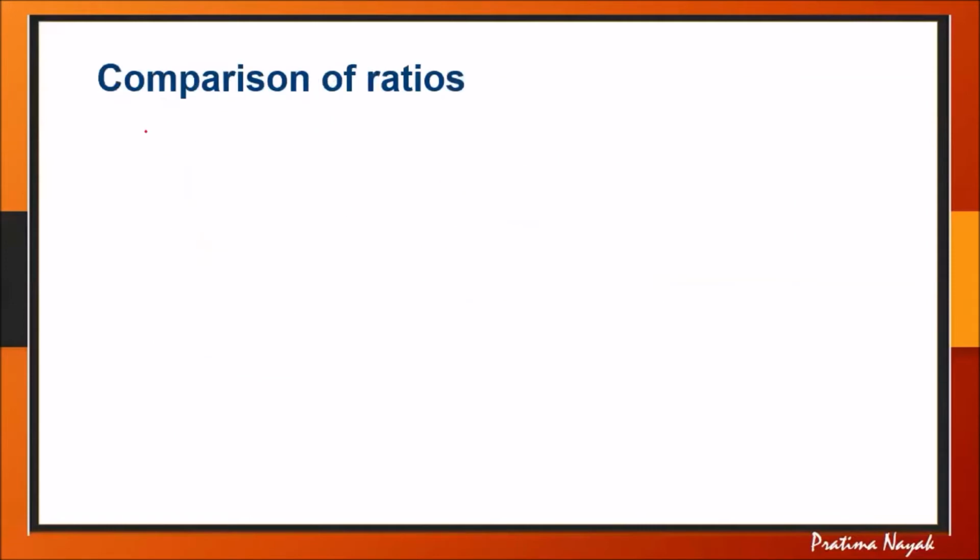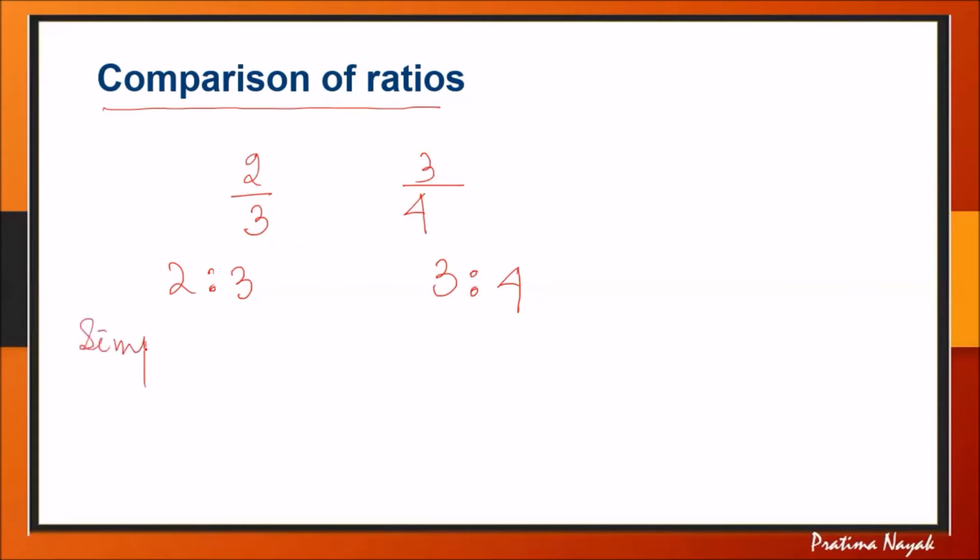Next is comparison of ratios. Which one is greater, which one is smaller, or whether they are equal or not. Suppose you write 2/3 and 3/4. Which one is greater? These ratios 2:3 and 3:4 I have written in fraction form. I'm giving a simple trick to find which one is greater.